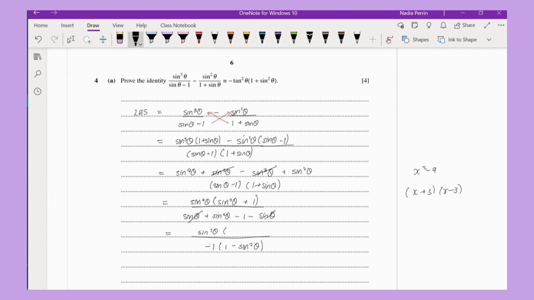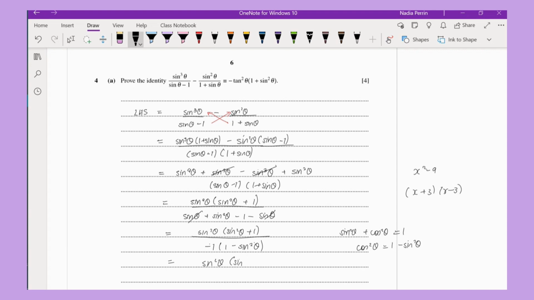Leave the top the same. So hopefully you guys are okay with the fact that sine squared plus cos squared equals 1. So therefore cos squared is equal to 1 minus sine squared. And that's what I'm going to do on the bottom here.